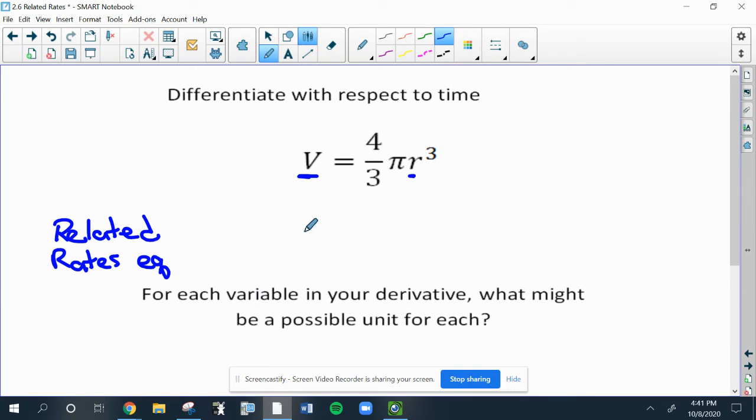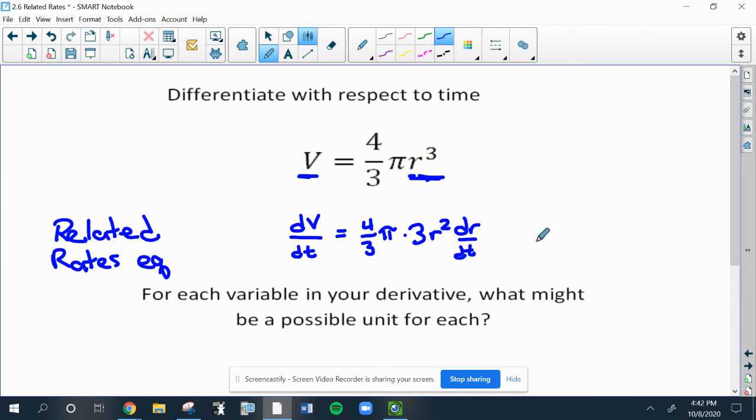The derivative of V with respect to t is exactly what I just said, the derivative of V with respect to t. 4/3 pi is a constant multiple, you can ignore it. The derivative of r cubed with respect to t is 3r squared, derivative of the outside, leave the inside alone, times the derivative of the inside, which is dr dt.